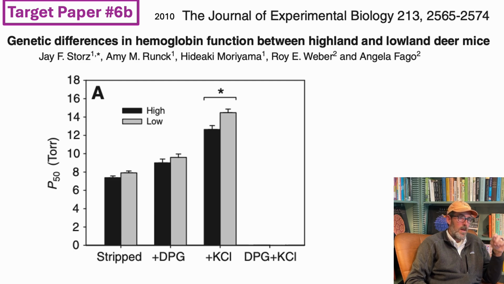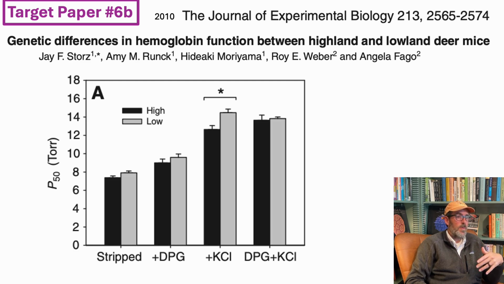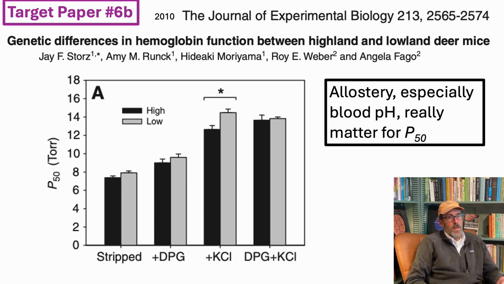The high elevation mice had a lower P50 than the low elevation mice. So that is significant. And the combination of DPG and KCl, again, was not significantly different. So my conclusion from this is that allostery really mattered, especially blood pH, for P50. The pH affected how hemoglobin bound oxygen.